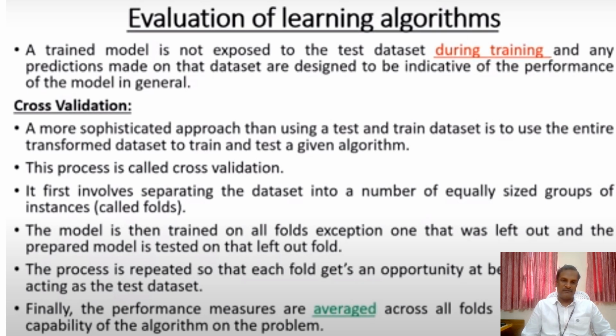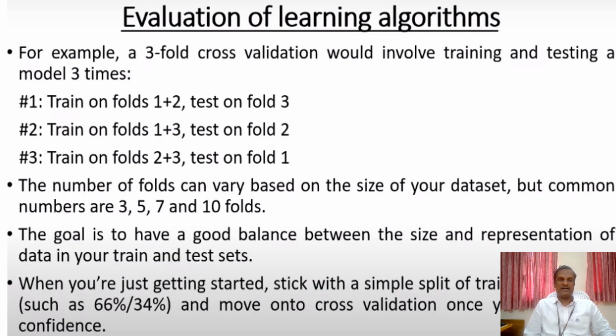Likewise, I will go for another round of experiment with the remaining two groups. Here I have given an example; you can divide into any number of groups. Here I have divided into three, so it is a threefold cross validation. First, I train on folds 1 and 2 and the testing is done on 3, and the other two procedures are also carried out.